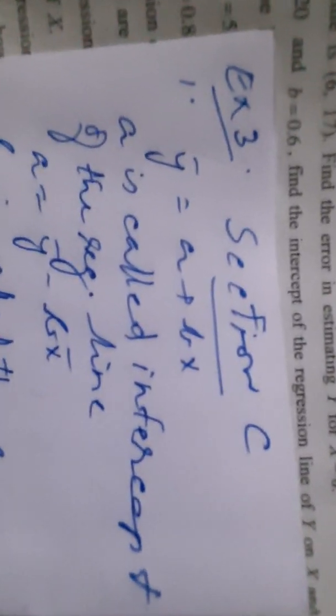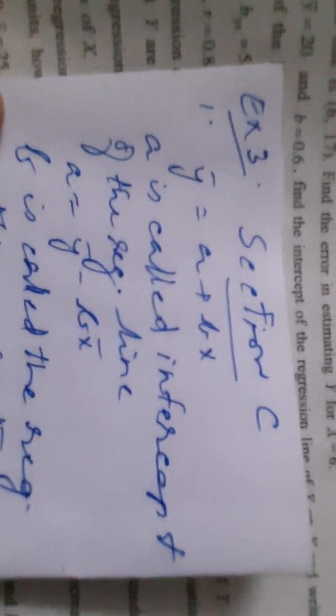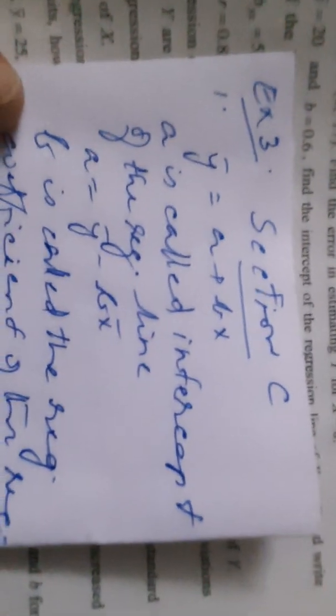So A is equal to y bar minus b x bar. And B is called the regression coefficient of the regression line of y on x. It is also called the slope of the regression line.